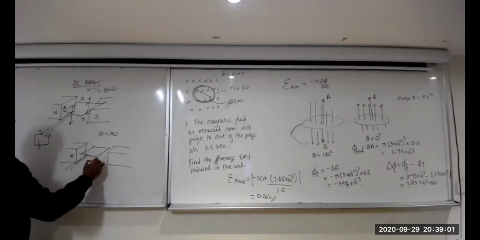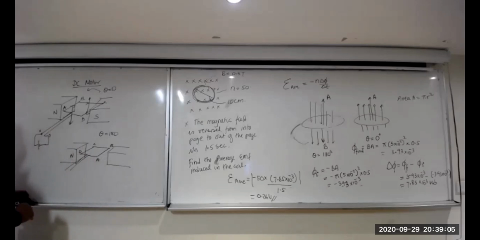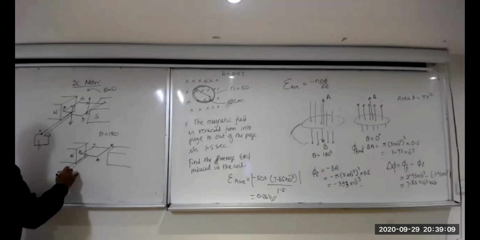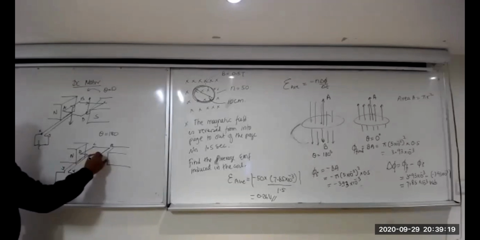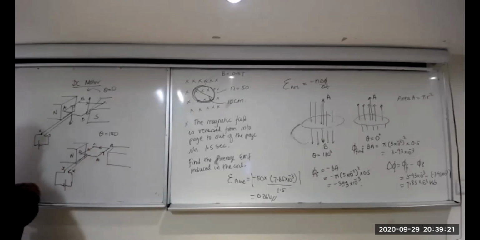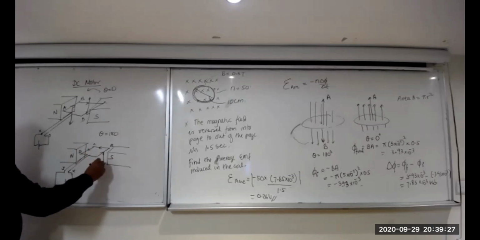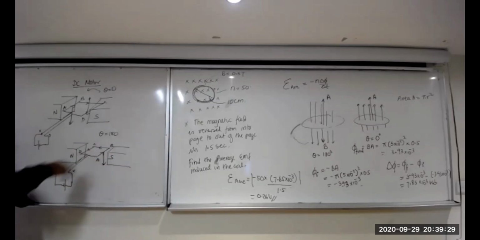Your AB is here, ABCD is here. Now label the direction of the current and work out the forces. So the force is going to be down, correct? Down, this is up.